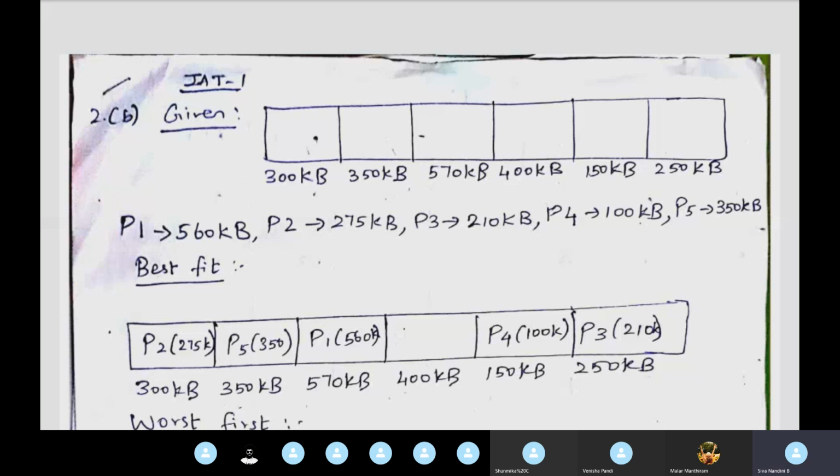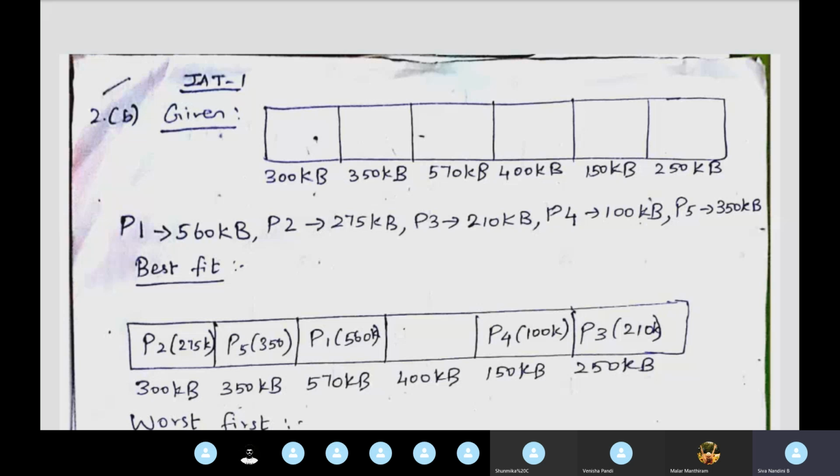Next, process P2 is 275 kilobytes. Looking from the first to the last partition, the 300 kilobyte partition is fit enough for P2. Then for P3, we can see 250 is enough.